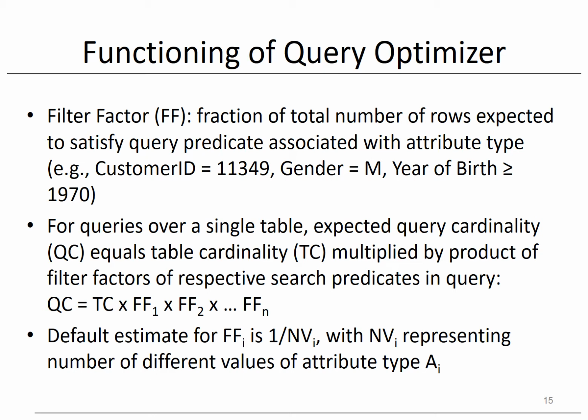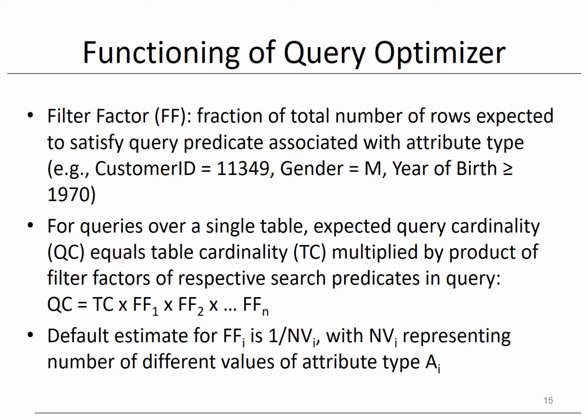For queries over a single table, the expected query cardinality, QC, or the number of rows selected by the query, equals the table cardinality, TC, or the number of rows in the table, multiplied by the product of the filter factors of the respective search predicates in the query.